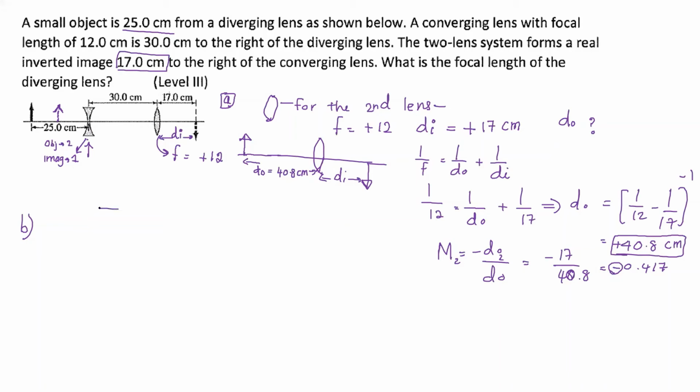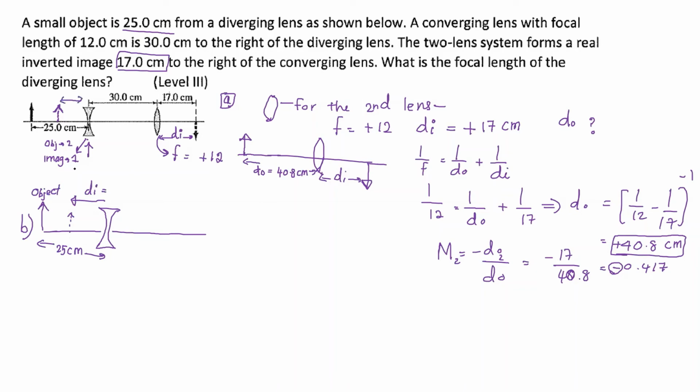Okay, so what I'm going to do here is draw a separate diagram for this lens. For this lens, this was the object. Object is 25 centimeters away. They have given it in the problem, and we just found out that this is the image, and so what is the distance?